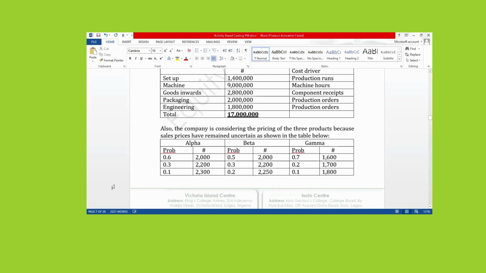If you are given in percentage, if you sum up, all the probabilities must give you 100%. If you are dealing with ratio, the summation of all the probability must give you 1.